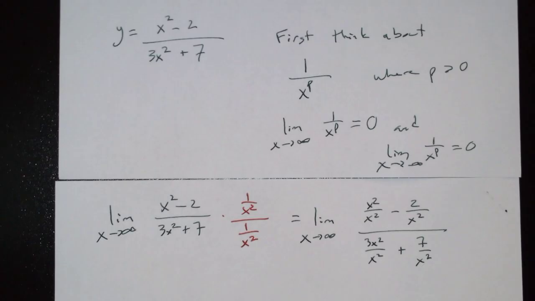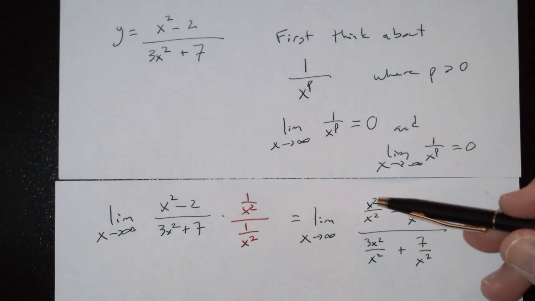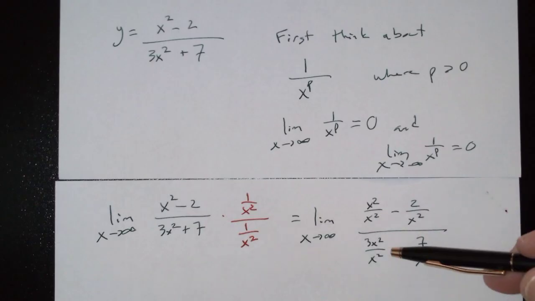The algebra makes sense so far? What happens right here?